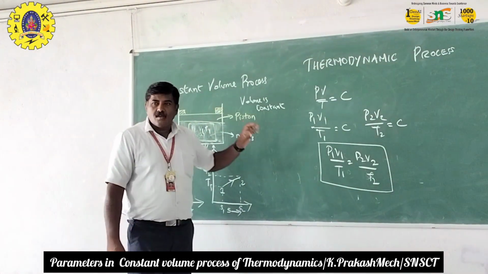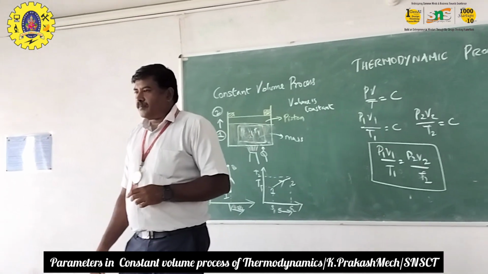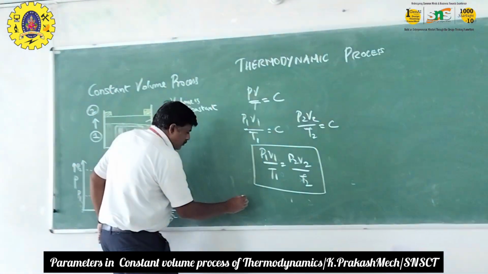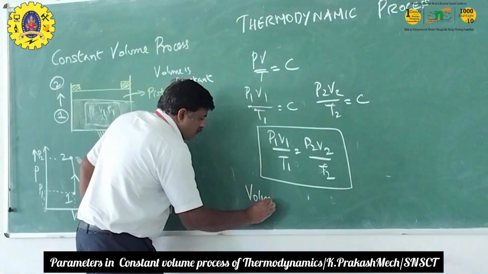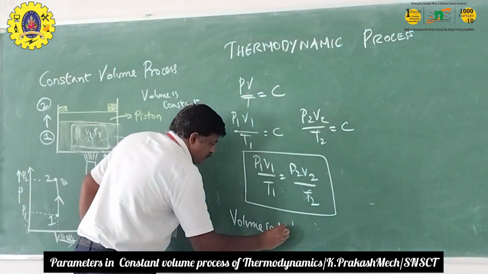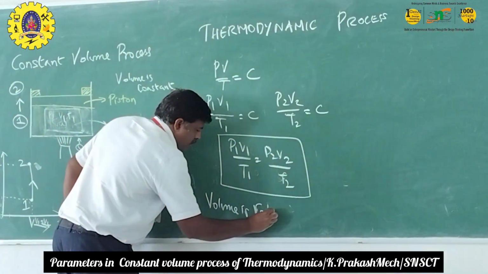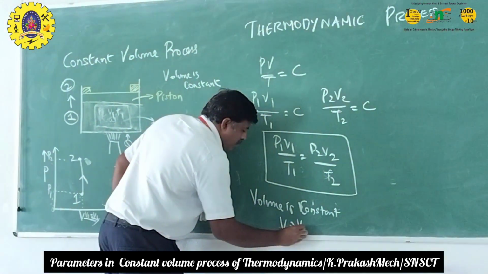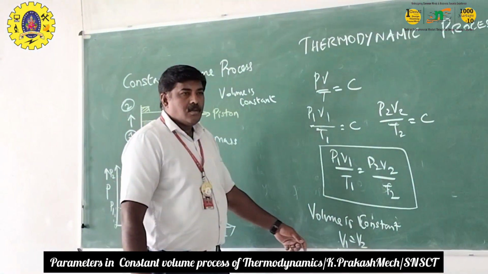Now I am using this formula for the constant volume process. In a constant volume process, what is constant? Volume is constant. That means V1 is equal to V2.